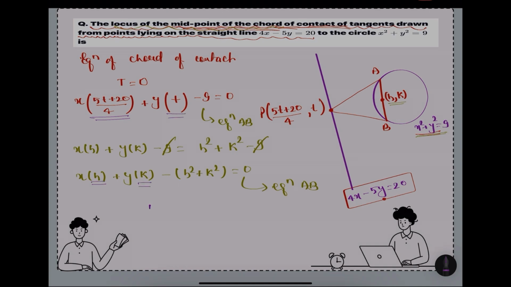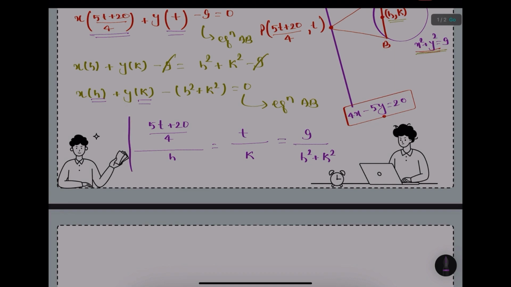So can I write ((5t plus 20) by 4) upon h is equal to t by k is equal to 9 by (h square plus k square). I hope till this part you guys are okay.